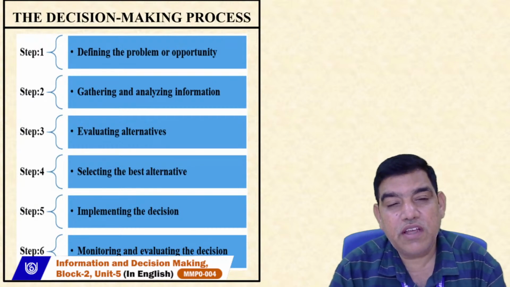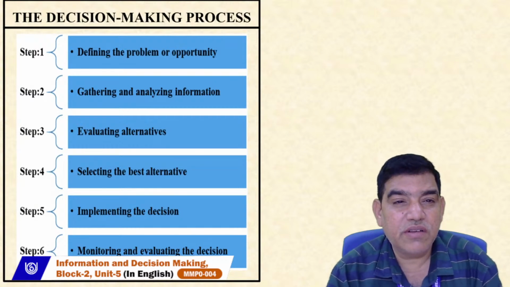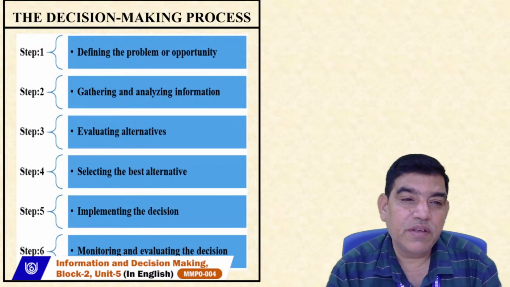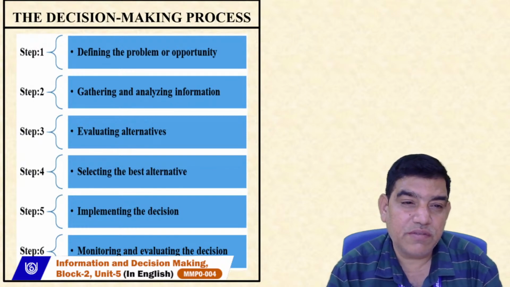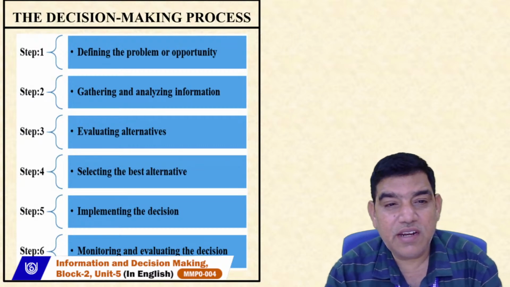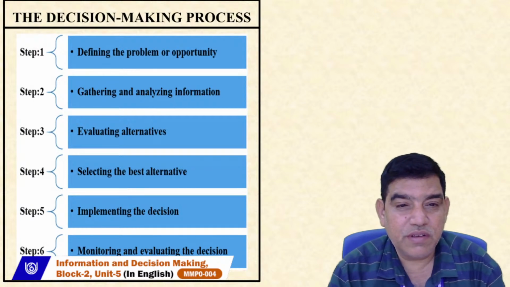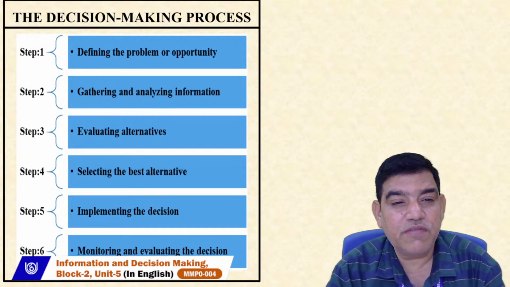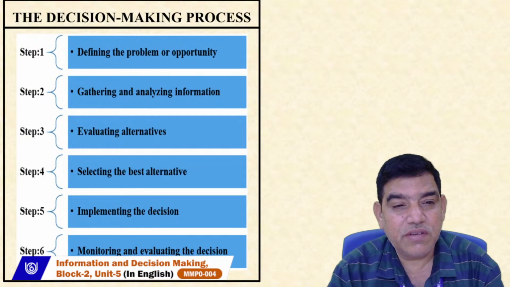If in any organization you identify a problem, the first job is to find different data related to that problem, analyze that data and generate information. On the basis of the information, we go for different alternative solutions.